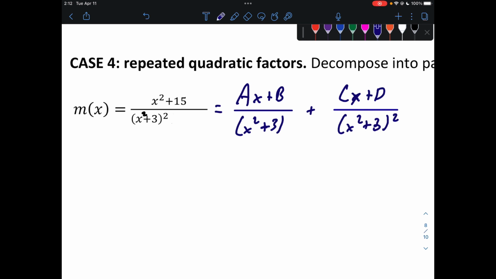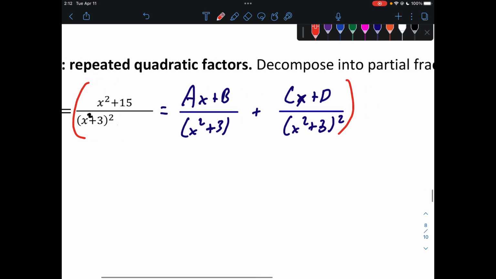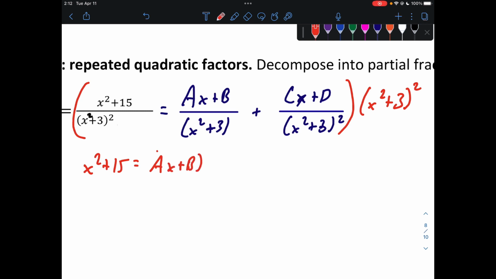So now when I multiply through, I get x squared plus 15 equals the first term, I'll multiply that once by x squared plus 3.